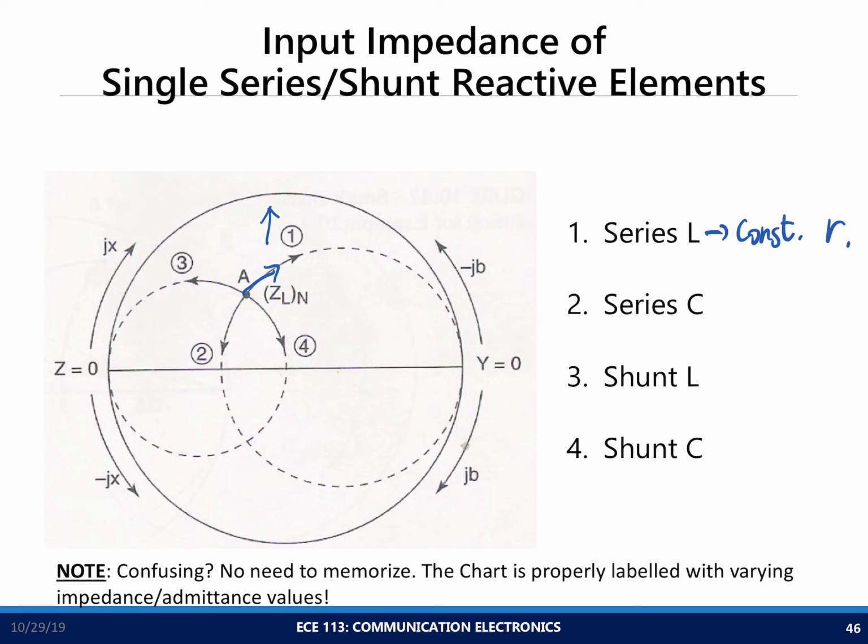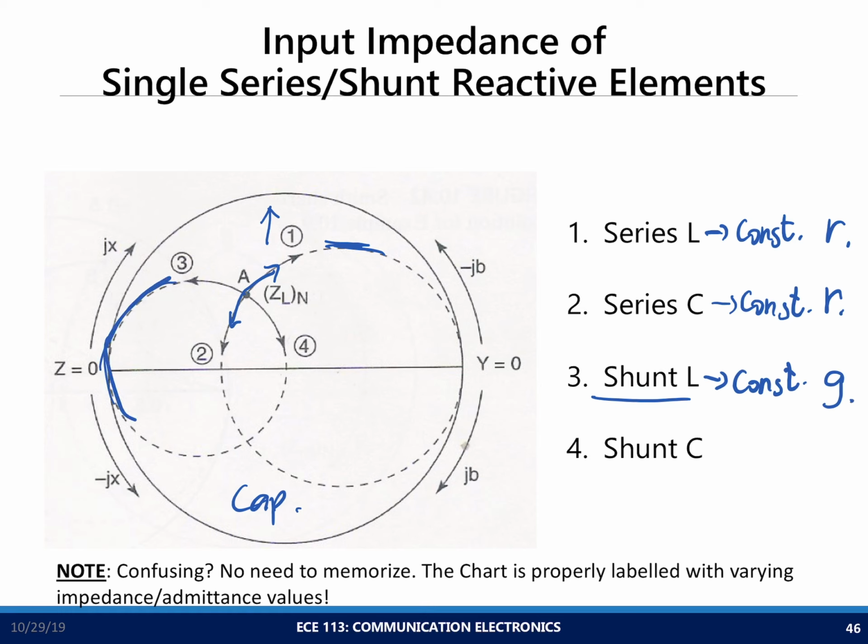If you have a series capacitance, again, since it's in series, it's a constant resistance, then you move in the constant resistance circle still, but the movement is going downwards since you're going into the capacitive region of your Smith chart. If it's a shunt inductance, then that means you have a constant conductance, which is defined by this smaller circle on the left side of the Smith chart.